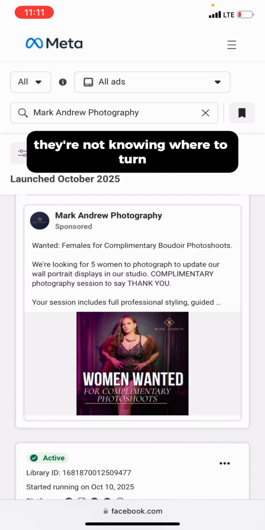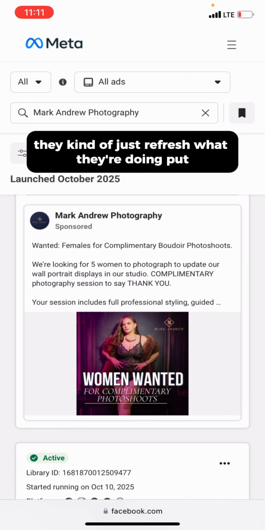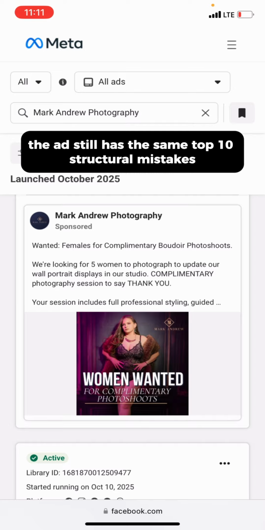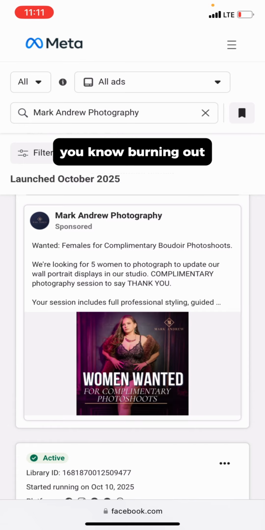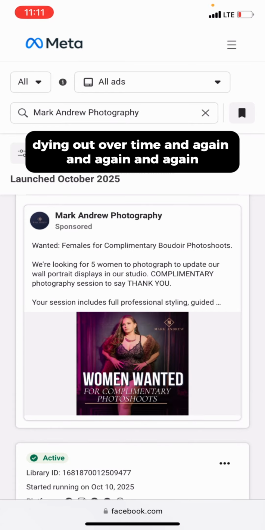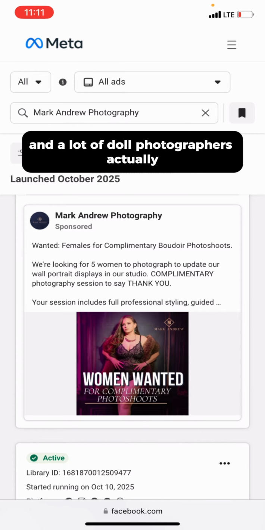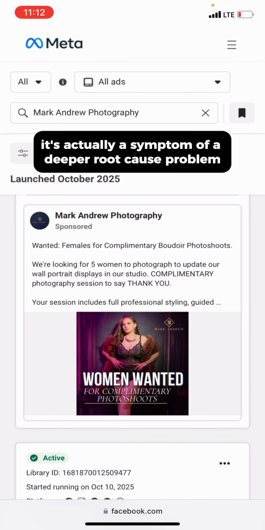They don't know where to turn or how to fix it. They kind of just refresh what they're doing, put in a new picture, and restart everything. But the problem with that is the ad still has these same top 10 structural mistakes that are going to cause the ad to keep burning out and dying out over time, again and again and again, no matter how much they fix it. And a lot of boudoir photographers actually think this is normal, but it's actually a symptom of a deeper root cause problem.